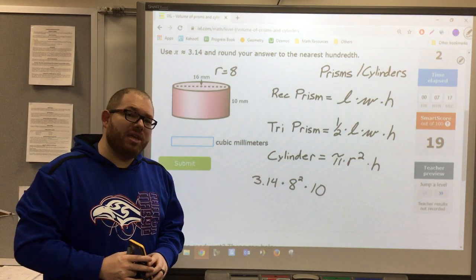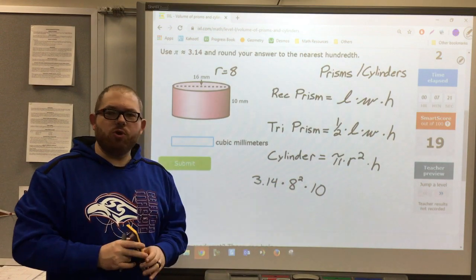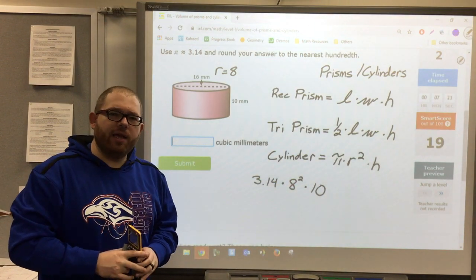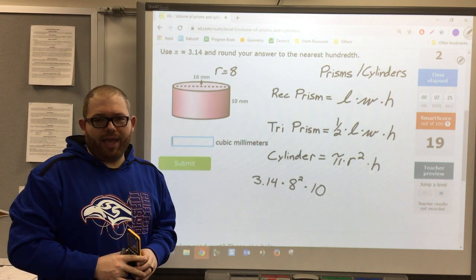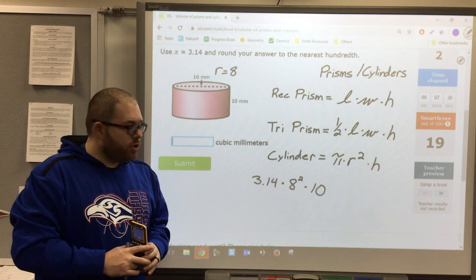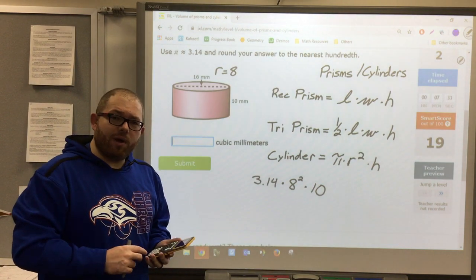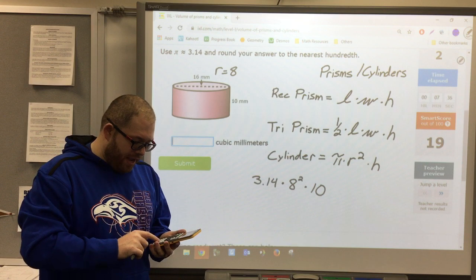You're going to want to be careful, because if you square the wrong thing, if you press enter too early, you could end up with the wrong answer. So I really hope you're following along at home so that you can verify that you get the correct answer. I'm going to tell you what it is after I type it in correctly.